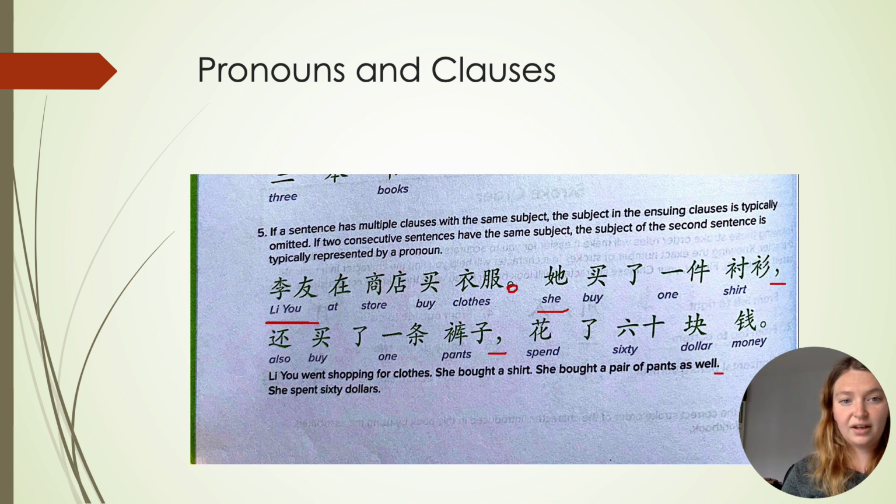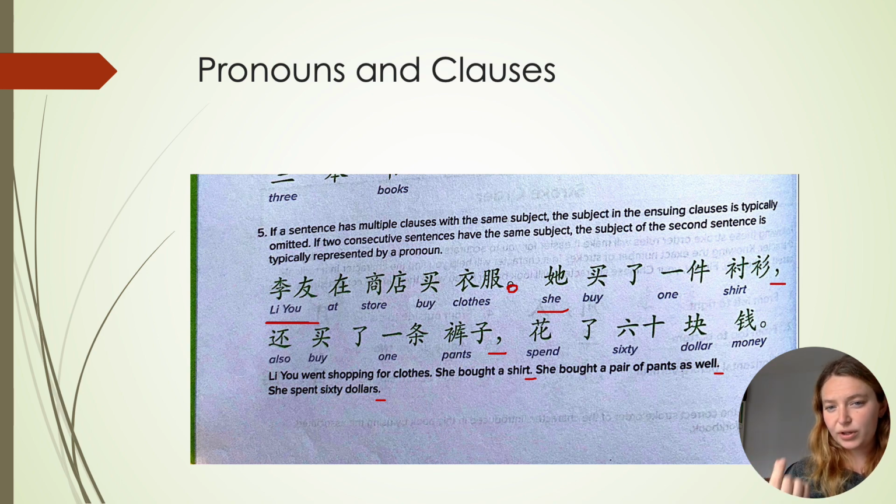Here and here. So she bought a shirt here. Of course you would put one at the end. But where we would normally make this into separate sentences or use a conjunction like she bought a shirt and she bought a pair of pants as well. She spent $60, or she bought a shirt, she bought a pair of pants as well, and she spent $60.